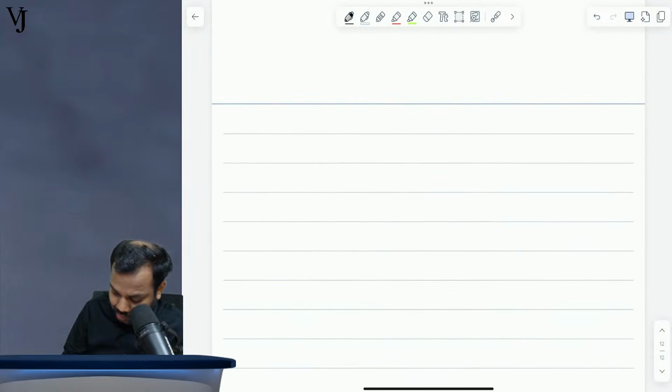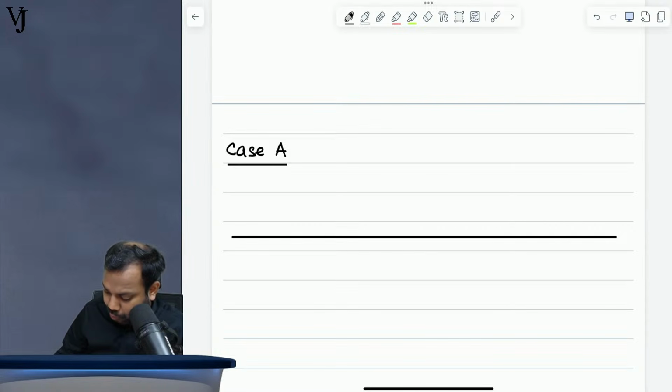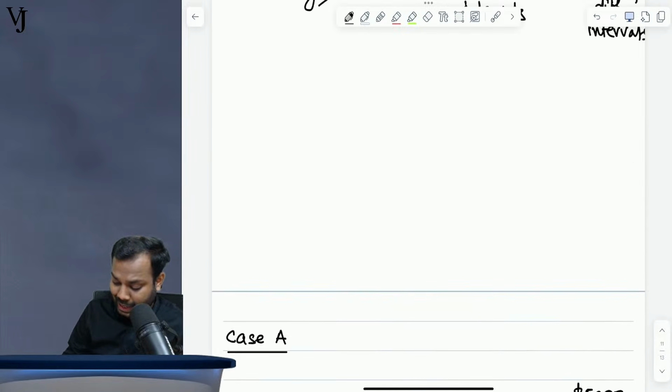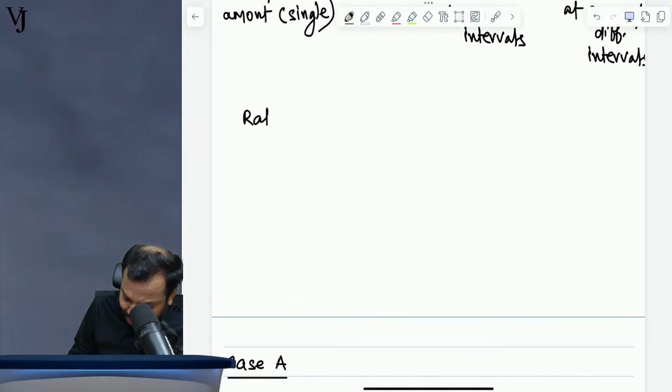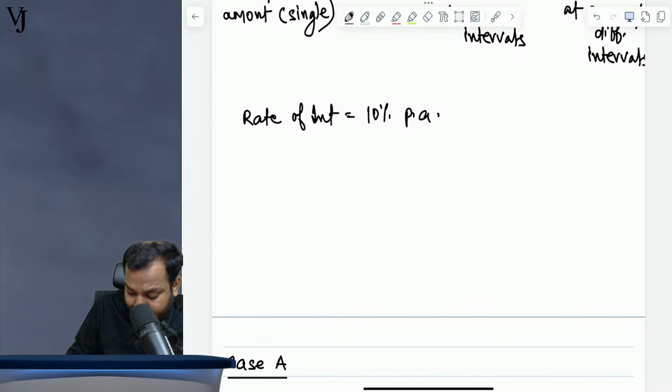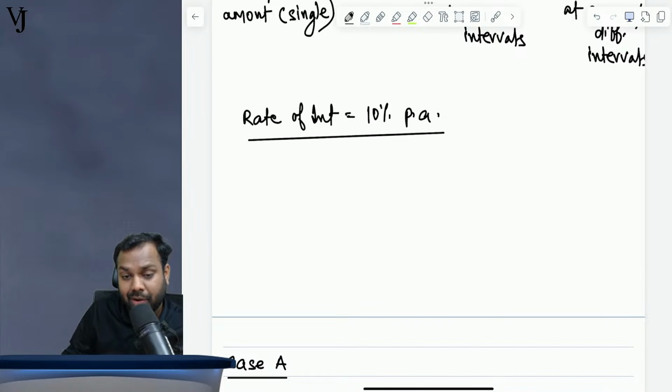Understand. Case A. Let's suppose, what is the present value of $5,000? Guys, for all the cases, I am assuming the rate of interest is 10% per annum. This is the basic assumption that I will have.